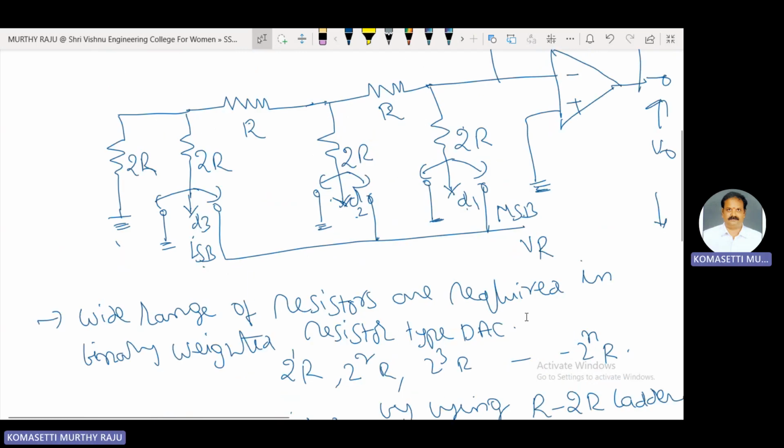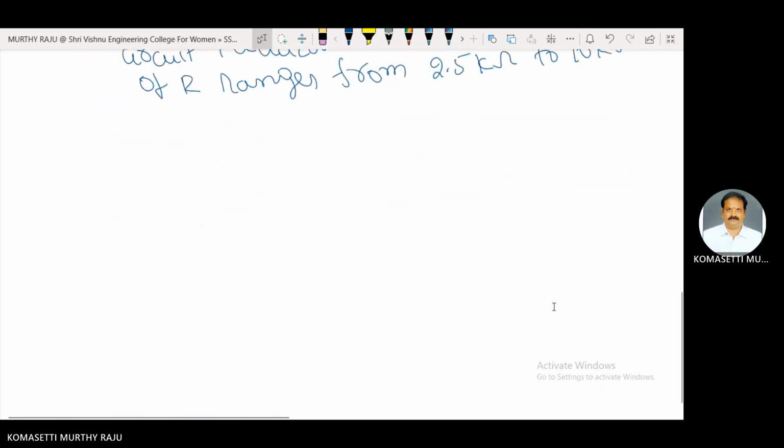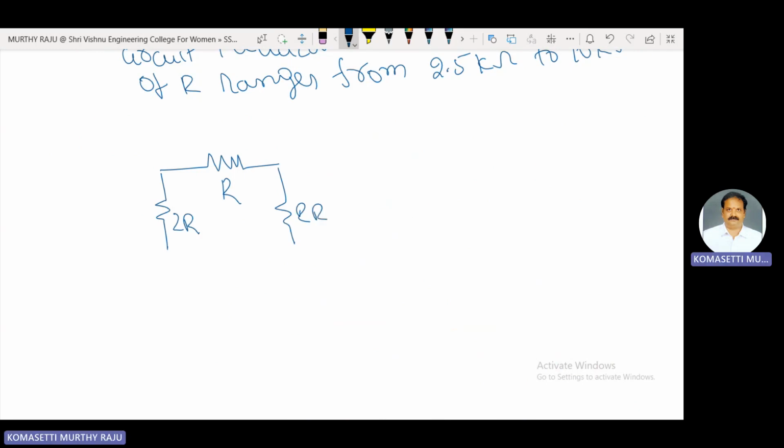This is a binary ladder network for digital to analog conversion. Just consider this one. R, 2R, here 2R, this one is R, this one is 2R. One more 2R is required, connected to ground.